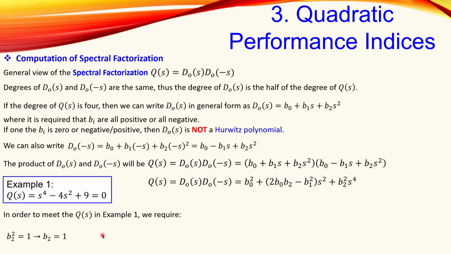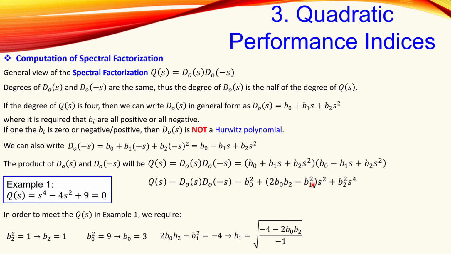Of course, there is also minus the square root of 1, but you cannot have a negative value, otherwise it's not Hurwitz. We of course only choose the positive values. Another one is b0 squared, which is the constant value, which is 9. That means b0 is 3, the square root of 9. Now, since we know b2 and also b0, we can calculate b1 using this final form.